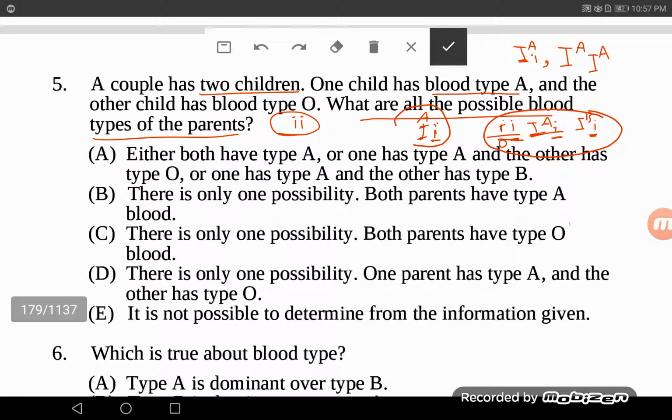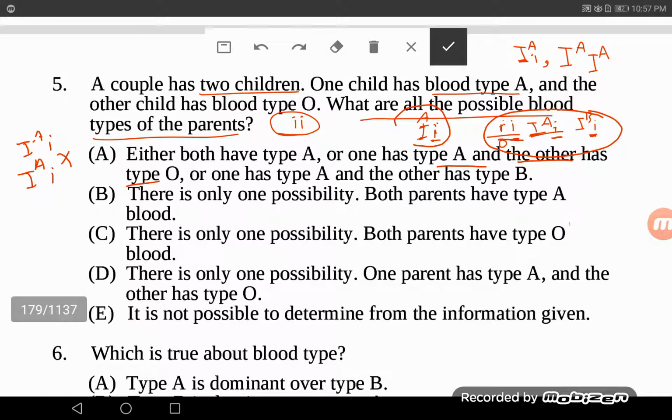So the answers for the question say either both are type A, like this A, and the second parent is A. When we do the Punnett square for this one, crossing it, we can find all the possibilities for the babies.